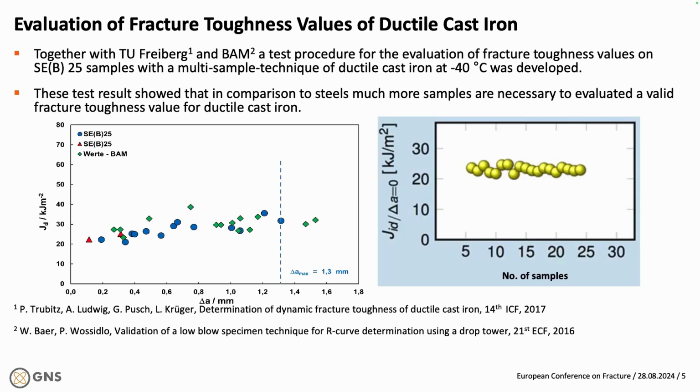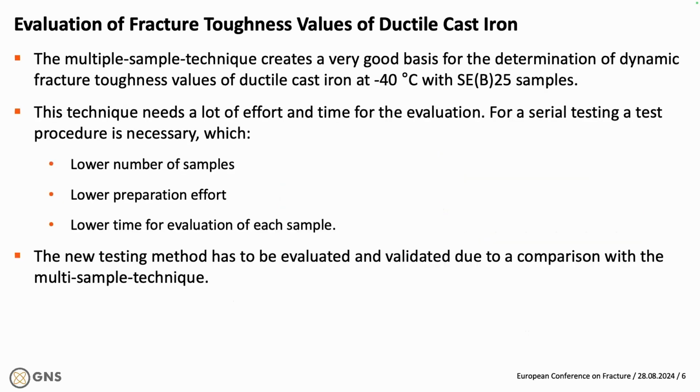And so it was necessary to find a technique with a lower number of samples, that means a lower preparation effort and also a lower time to evaluate each sample. And we had a really good basis because we had the multiple specimen technique with SEB 25 samples at -40 degrees.